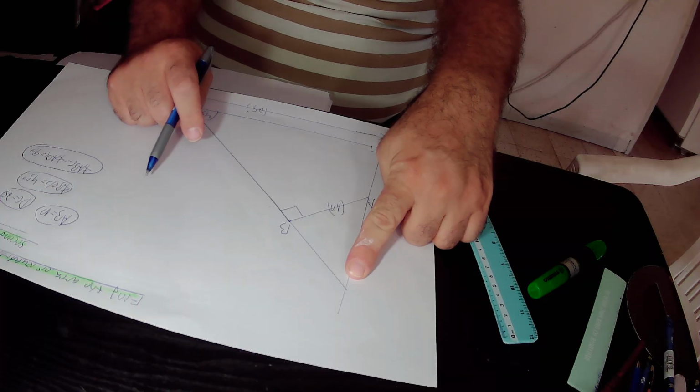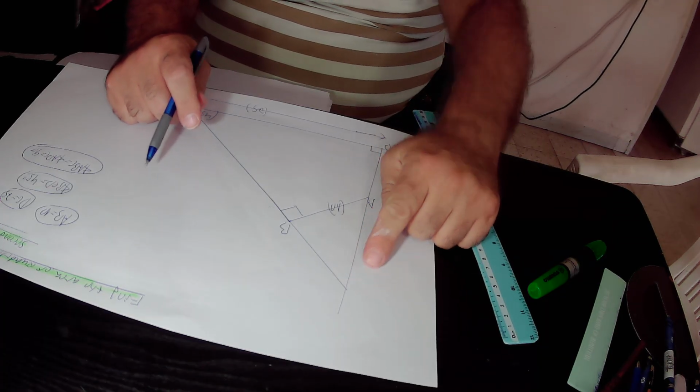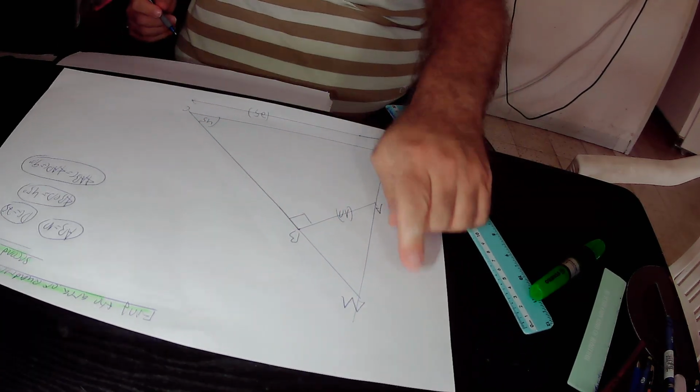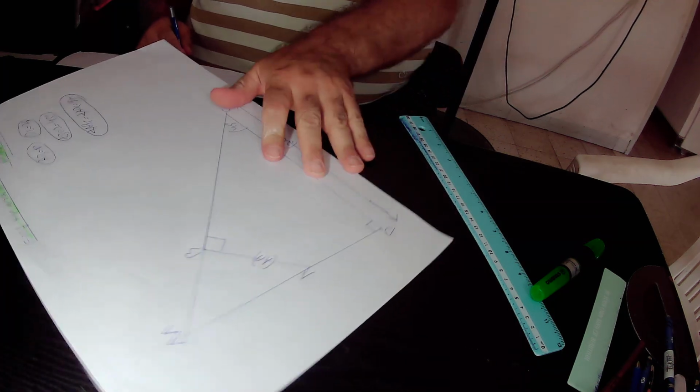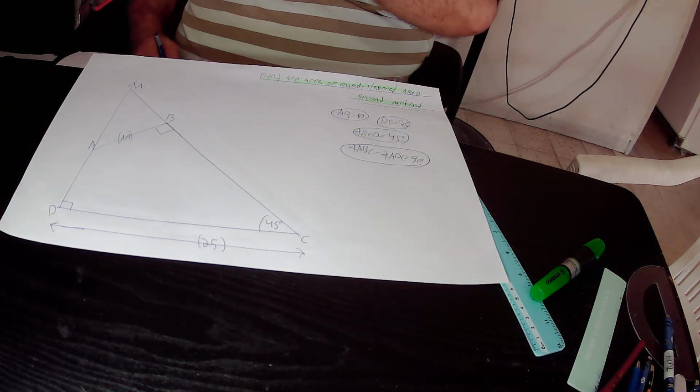Actually, this is the attaching point. We define this point, the attaching point, as M. By doing this construction, we can make the big right triangle MCD.